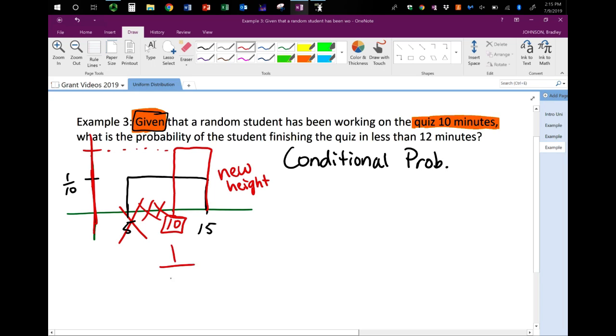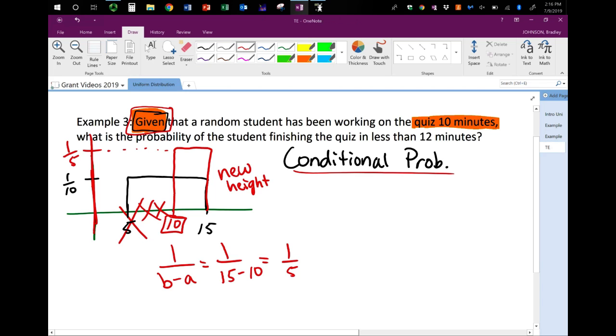Now, we still do 1 over b minus a, but now it's 1 over 15 minus 10. So that becomes 1/5. And 1/5 is a little bit greater than a tenth, so we know that this visually makes sense to us. Okay, so with conditional probabilities, anytime that there's a given statement, you create a new height only when you're given extra information.